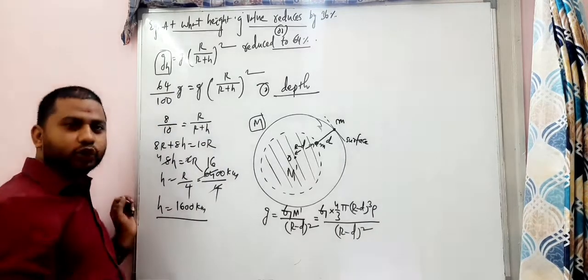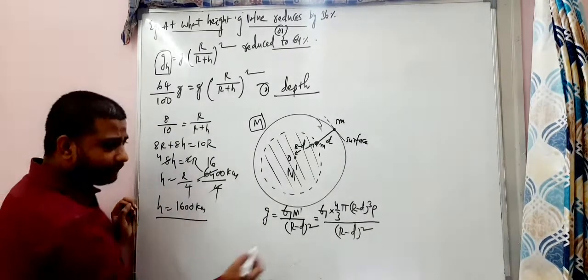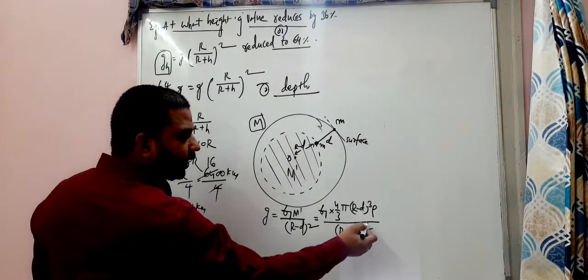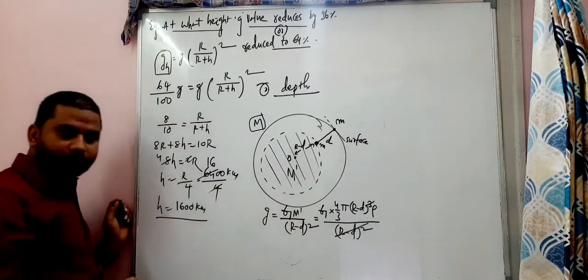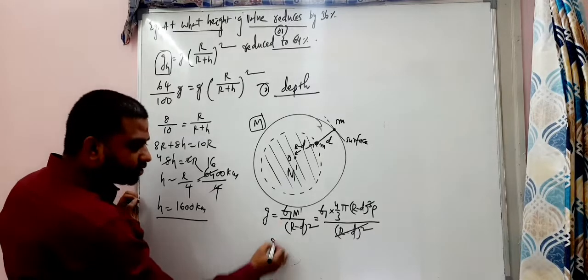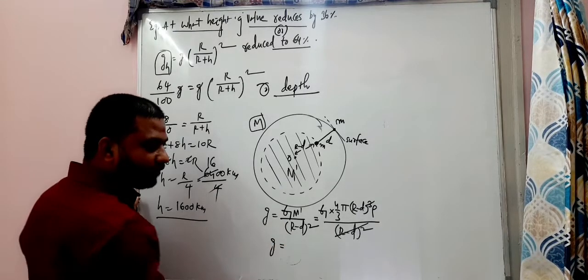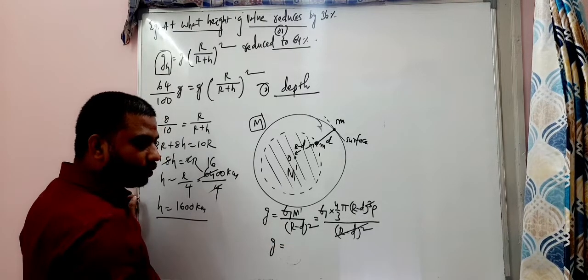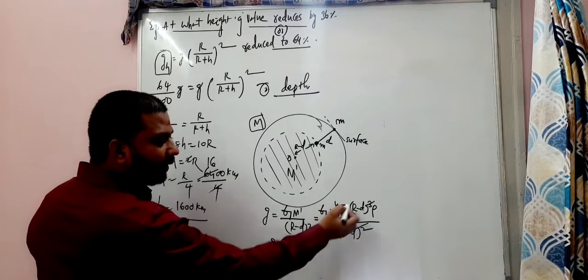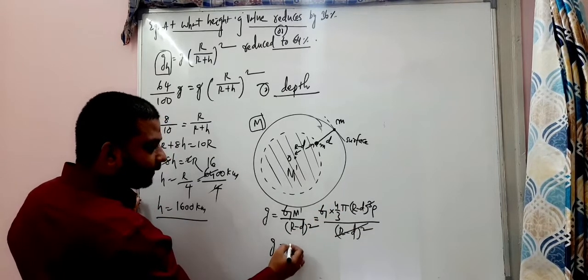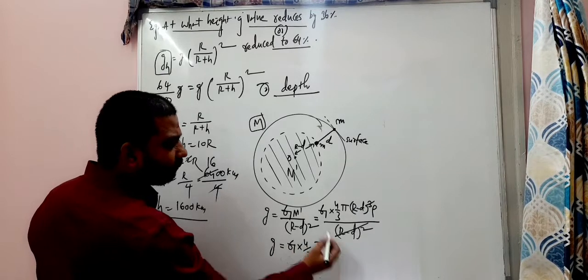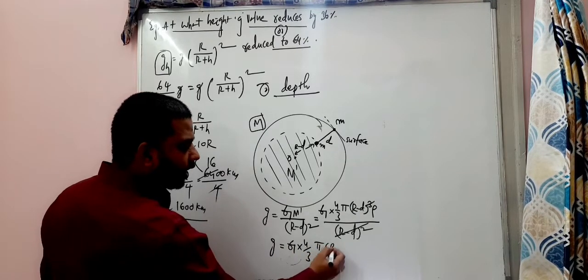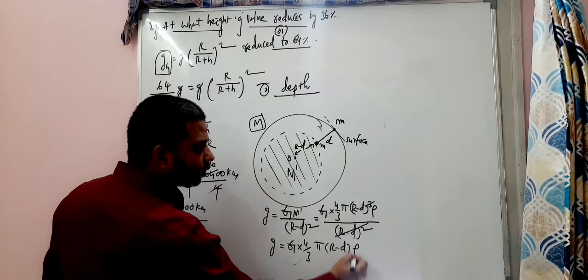Here R minus D whole square and R minus D whole square cancel. So g is equal to capital G into 4 by 3 pi (R minus D) into rho.